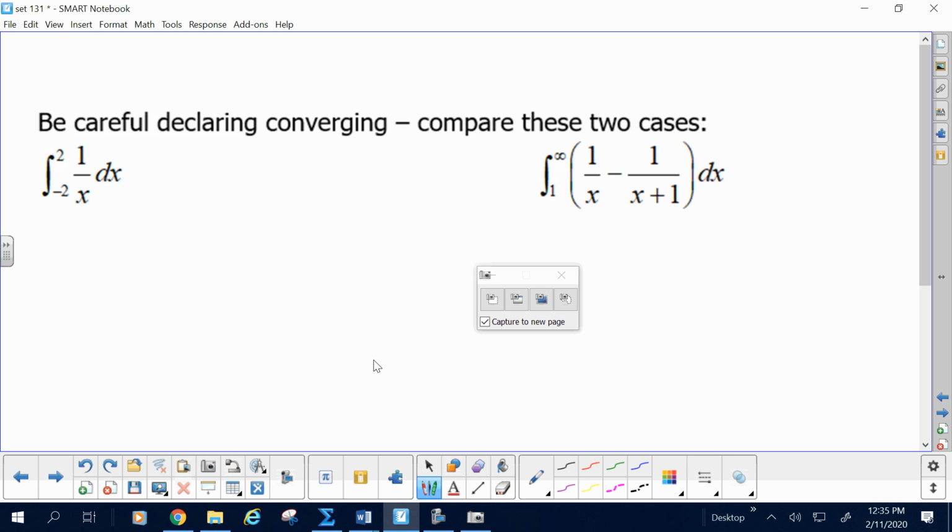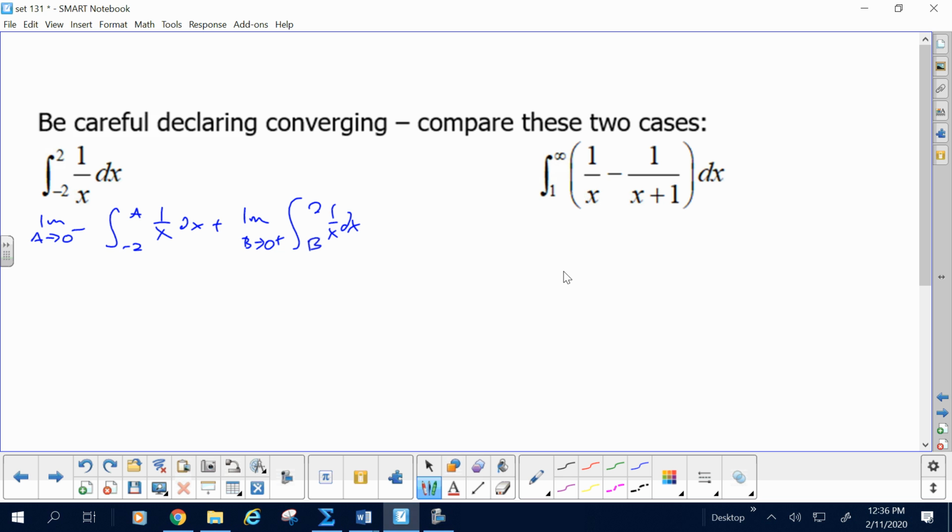When you go to create the middle cut, the limit as A goes to 0 from below, from -2 to A, and then an uppercut from B going to 0 from above, from B to 2. Are you with me? Okay.